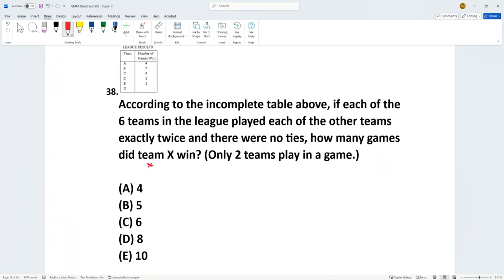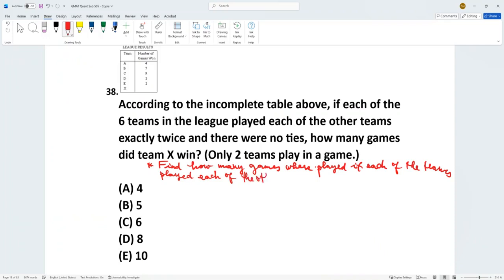First, we need to find how many games were played if each of the teams played each of the other teams once.